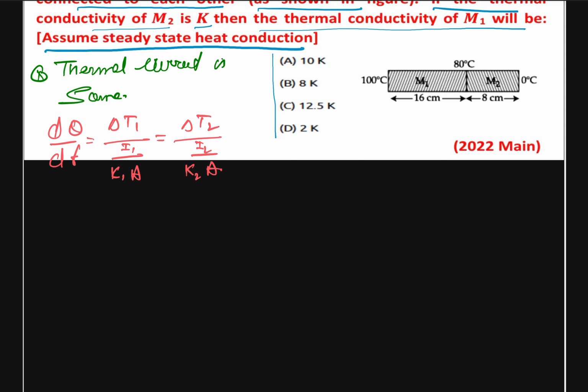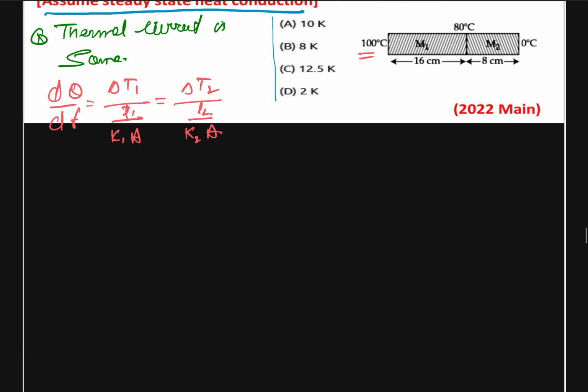Sorry, this is not I1, it is L1 and L2. So we can write that for our first case, delta T1 is 100 minus 80, which is 20.